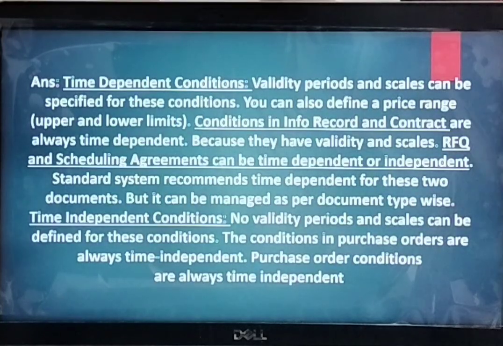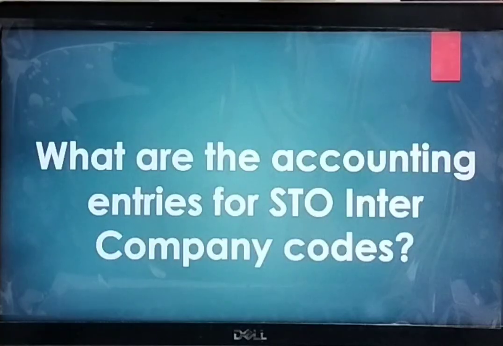Moving on to the next question. What are the accounting entries for STO intercompany codes? It is asking about the stock transport order, where under the same legal entity, two plants will exchange the material.